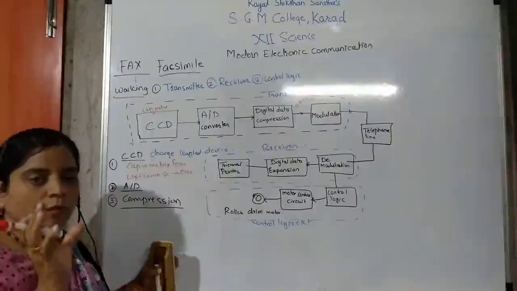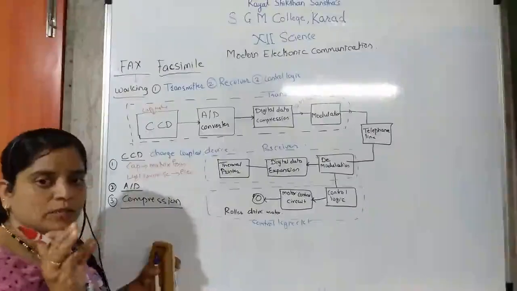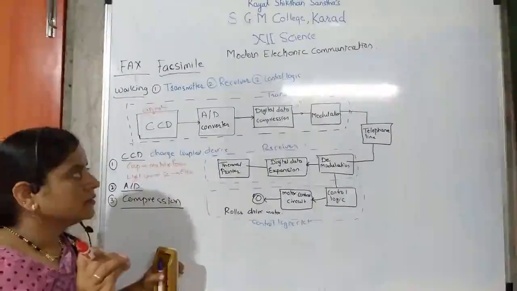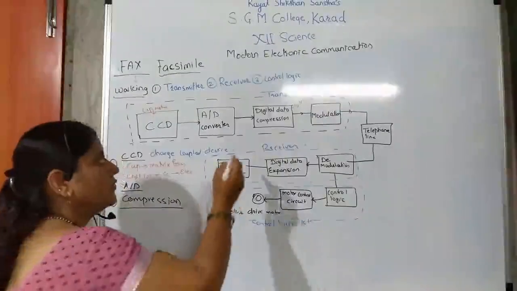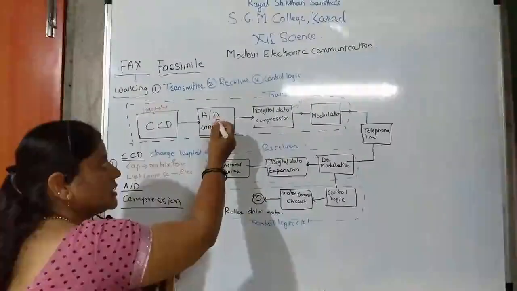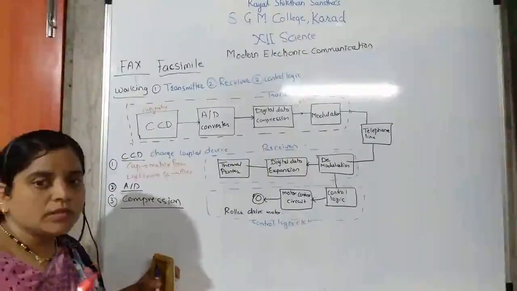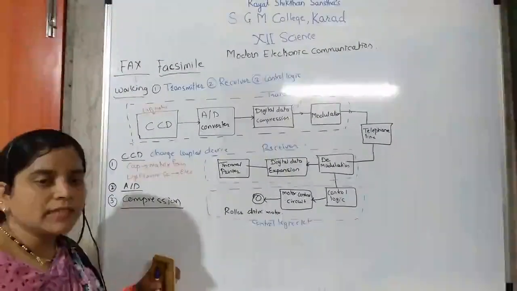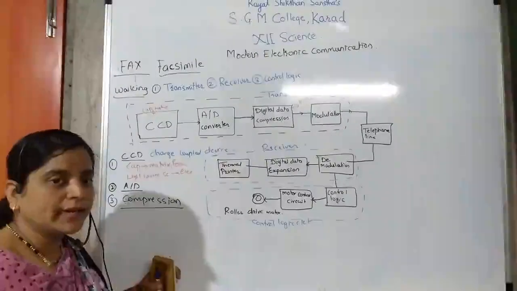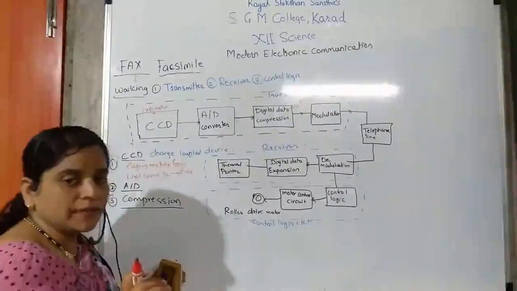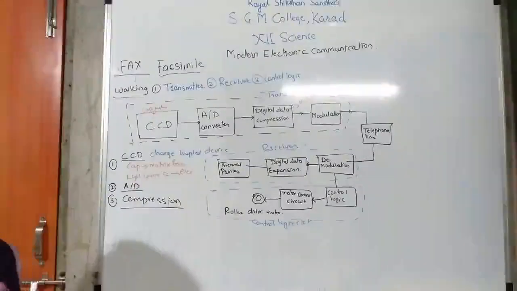Compression means its size will be less. The analog signal is converted into digital, and digital means binary data, 0 or 1. This will be converted into compressed form by using the VLSI technique.